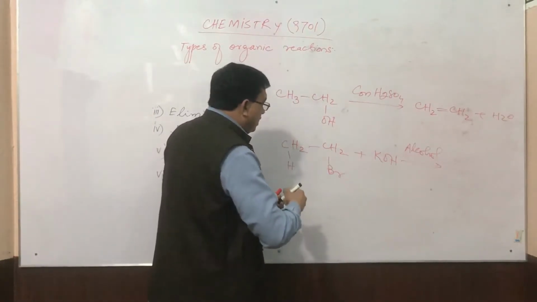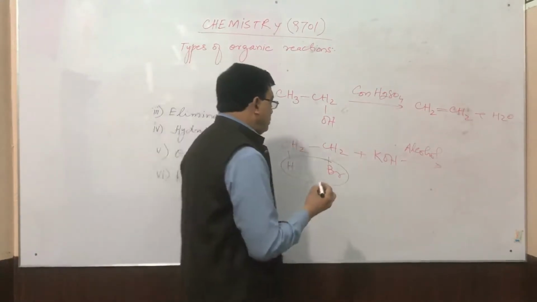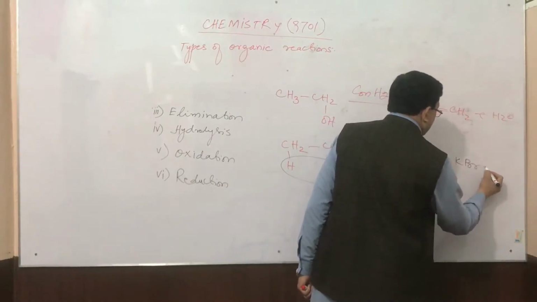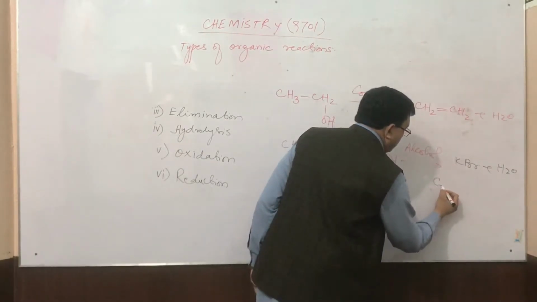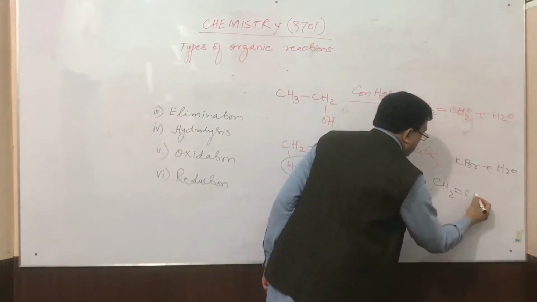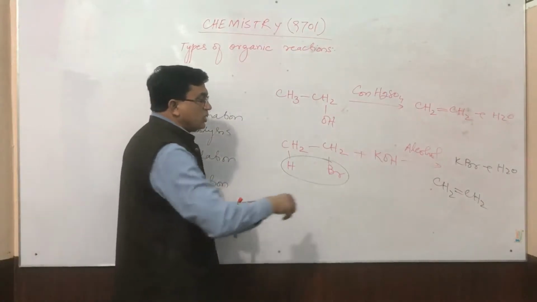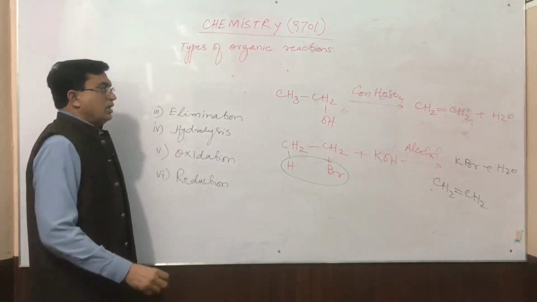We will get the elimination of this molecule from this side, producing KBr along with water, and converting the organic molecule into an unsaturated hydrocarbon. This is also an example of elimination reactions.